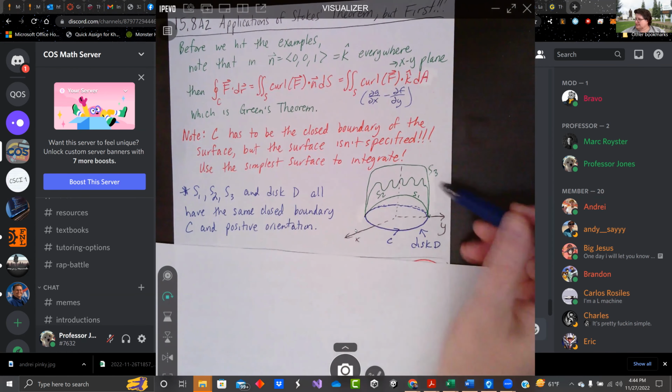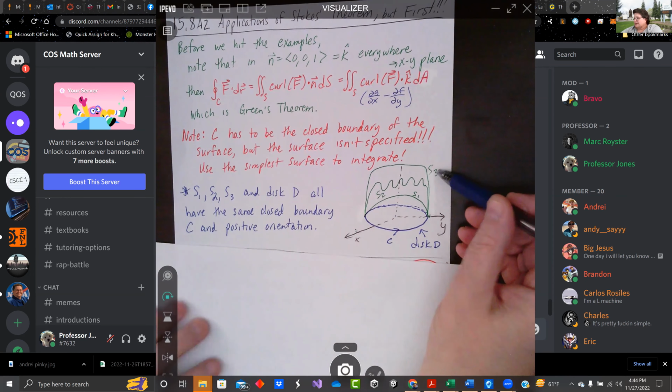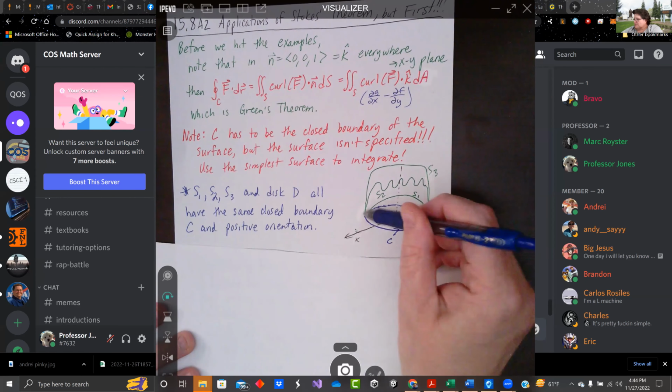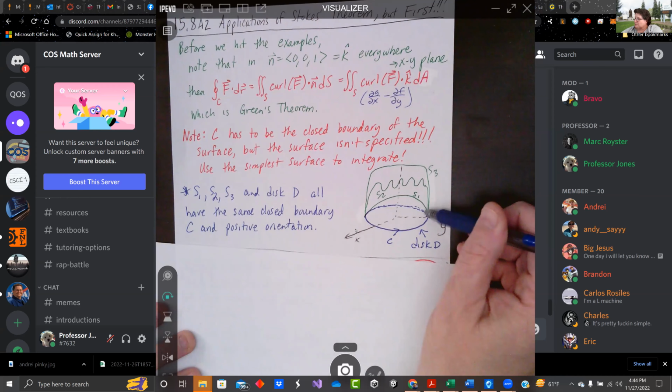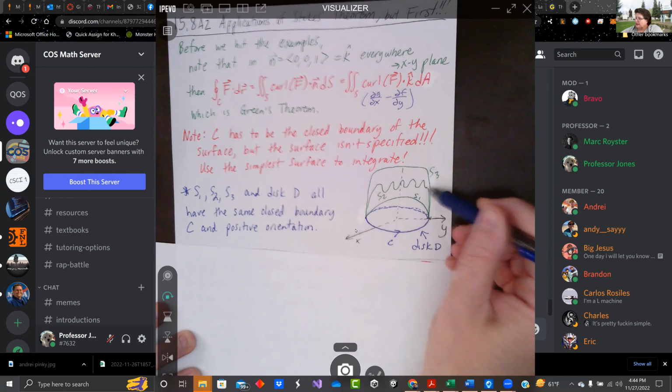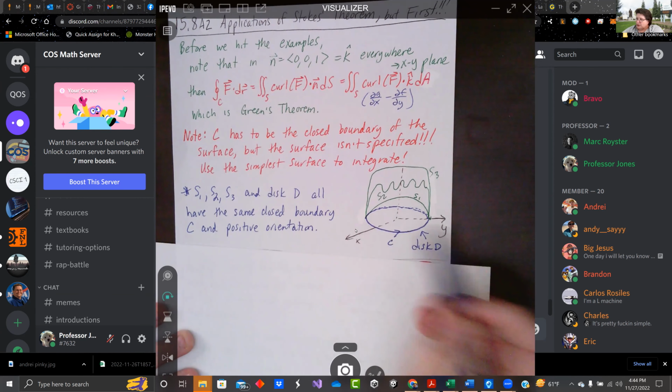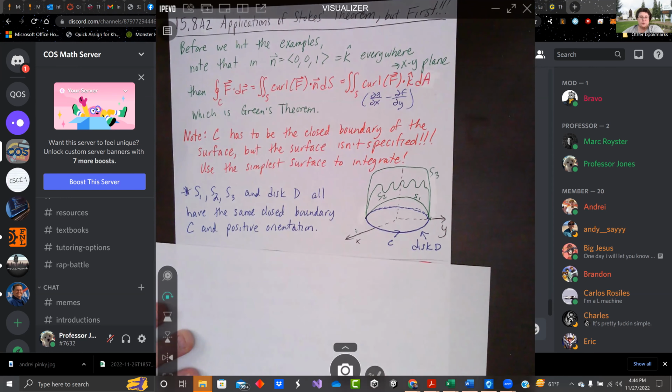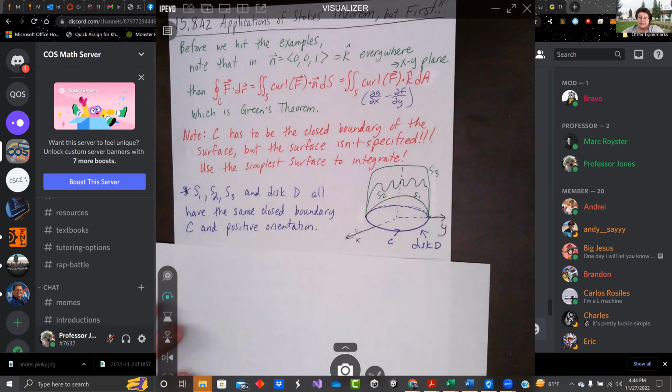We could have crazy looking ones, like S1 being a nice little dome, and S2 a wavy surface. We could pick the one that is the easiest to integrate. And sometimes just doing the actual plane that it's in is the easiest one to integrate, if you can get it into a plane that you recognize.